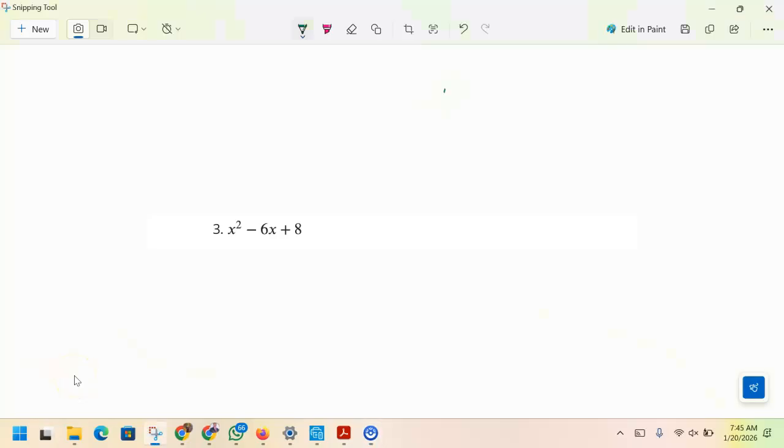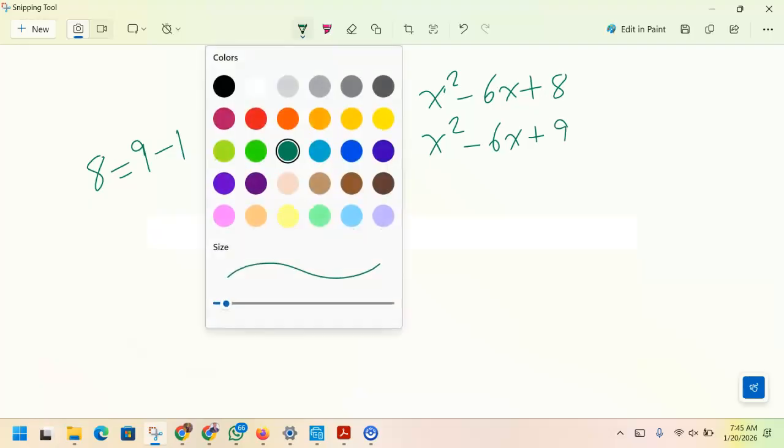Now, this third equation is x squared minus 6x plus 8. Now, see again, 8 is not a perfect square, but we can always write it as 9 minus 1. The question is, why did I write this 8 as plus 9 and minus 1?